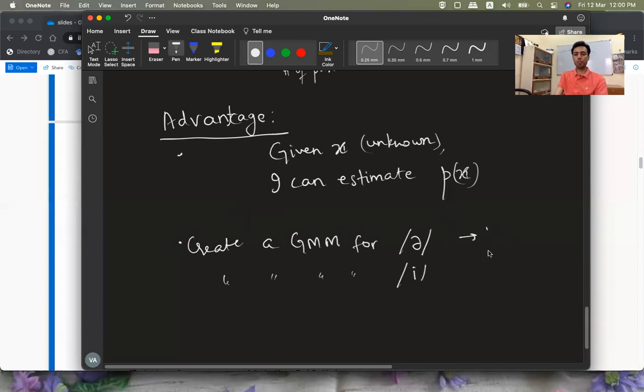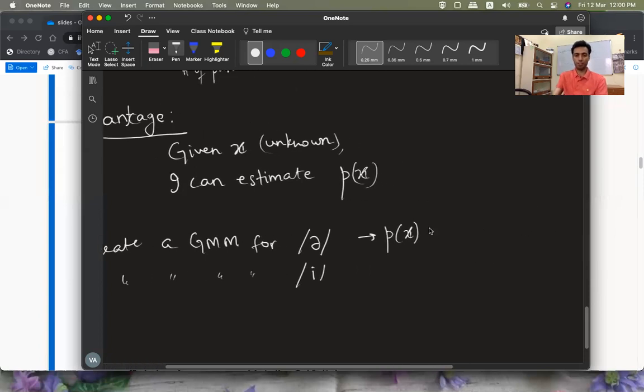This will give you the probability of x from GMM of A, and the probability of x from GMM of E. And then whichever has the higher value, you can simply choose that, oh, this sound is an A sound or this sound is an E sound.